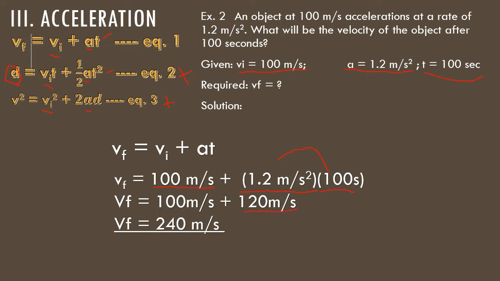Then, may second siya, then ito squared, so matitira na lang ang isang second. Then, initial velocity of 100 meter per second plus 120 meter per second. So, our final answer is meron tayong final velocity na 240 meter per second.